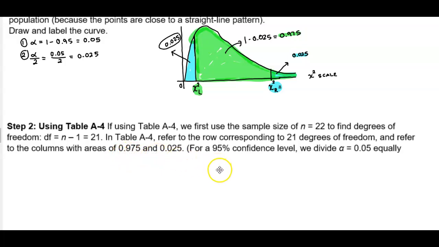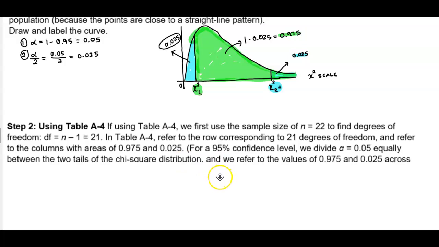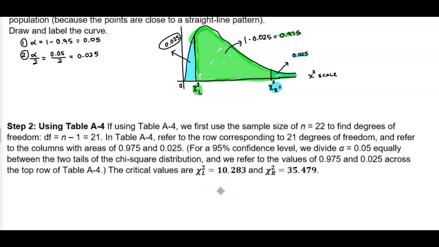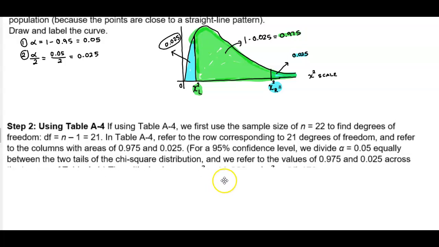For a 95% confidence level, we divided alpha, which was 0.05, equally between the two tails of the chi-square distribution, which is the reason why we get 0.975 to the right of the left critical value, and then 0.025 to the right of the right critical value.